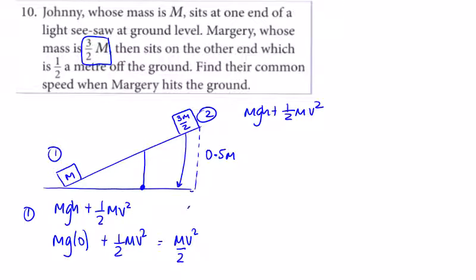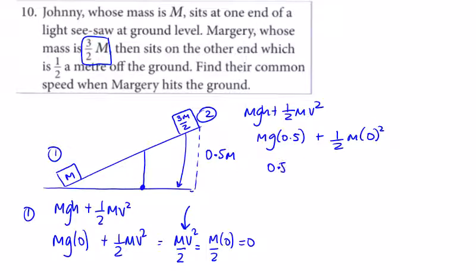The speed here for this one is 0, isn't it? So we have M over 2 times 0, which is equal to 0. The total energy in the system is both of them added together. So just be careful: mg by 0.5 plus a half m by 0 squared. So we have 0.5 mg as the energy in the system.